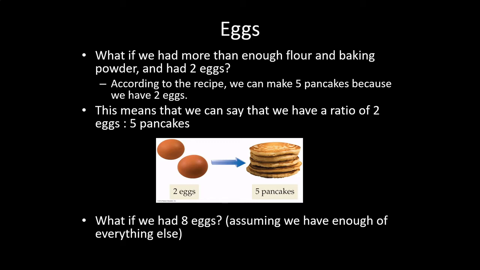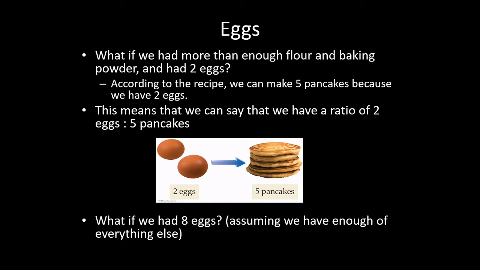And again, this is assuming we have enough of everything else. So this gives us a ratio between the eggs and the pancakes. It's a 2 to 5 ratio. For every 2 eggs, you get 5 pancakes. So that is our ratio between the reactant, or ingredient in the case of cooking, and the product, or the pancakes, in this case, the actual food that we're making.